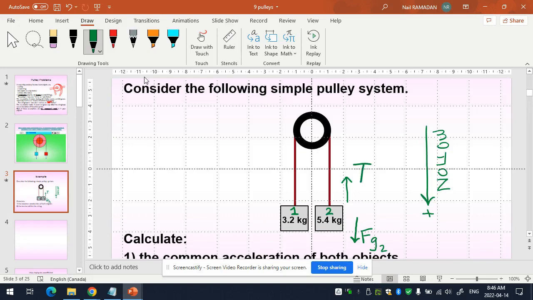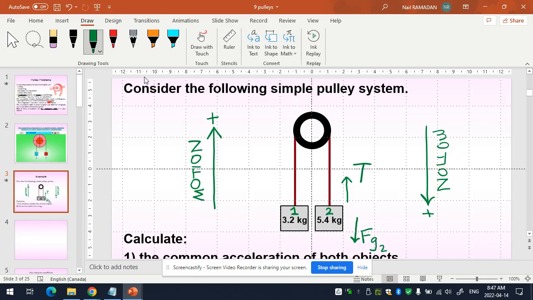All right. How about the FBD for the second one? Almost the same thing, but one thing has to change, which is the motion direction going up. Technically, is it the same two forces as well?